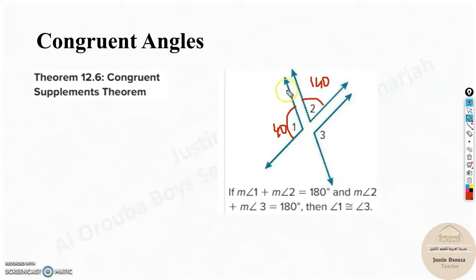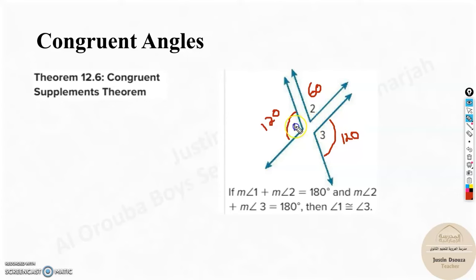This is not true to the figure, because angle 1 must be bigger. Let me change it: this looks around 120 and this looks around 60 degrees. Now it's more accurate. This adds up to 180, and we are told 2 and 3 also make 180. So 180 minus 60 gives you 120, isn't it?